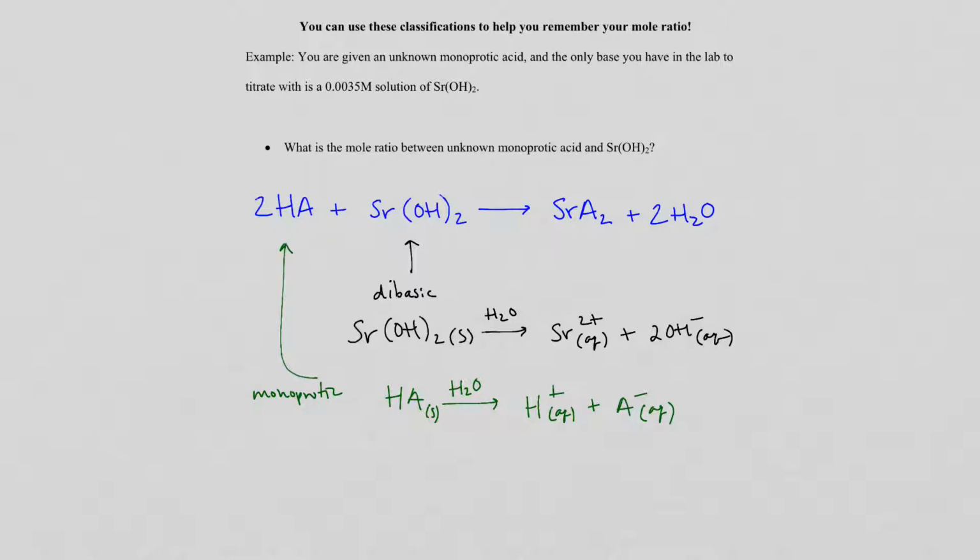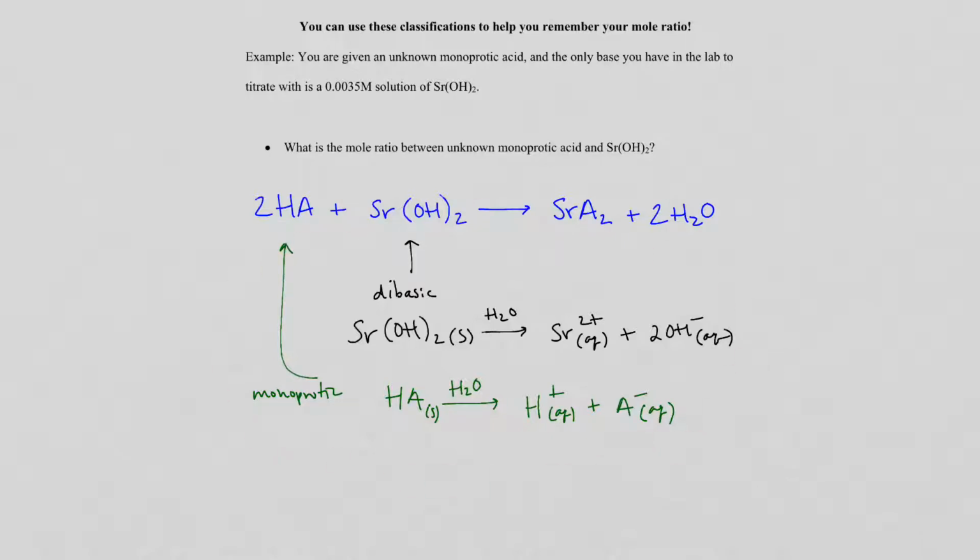Now let's take a look. For every mole of HA that dissolves, I get 1 mole of H plus ions. For every mole of strontium hydroxide that dissolves, I get 2 moles of OH minus ions. Right? 1 H and 1 OH will come together and neutralize each other. I just wrote this out so you guys can kind of see it.